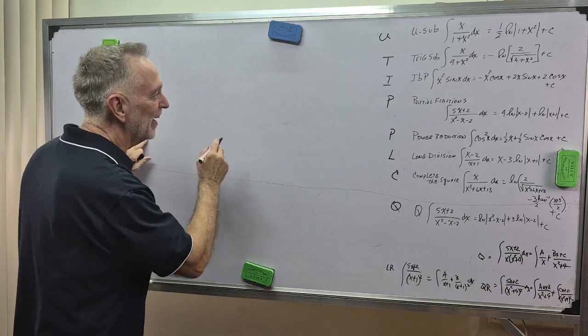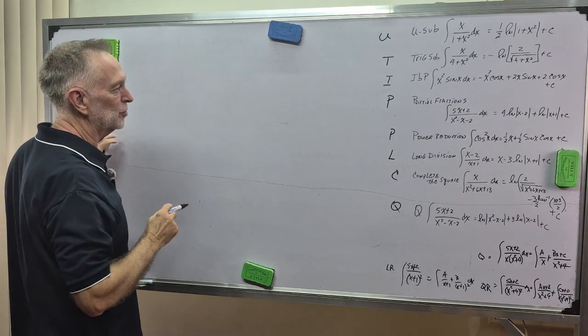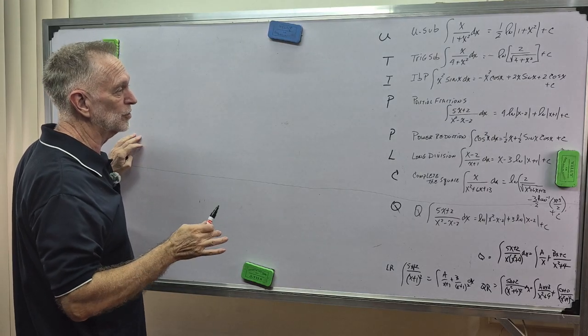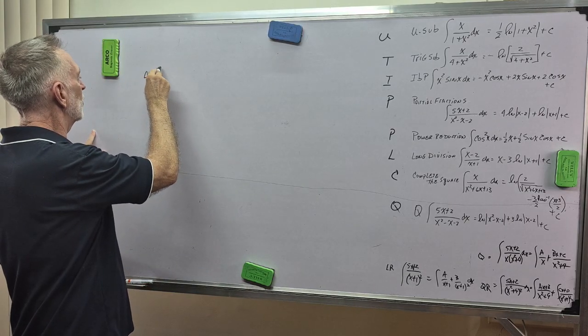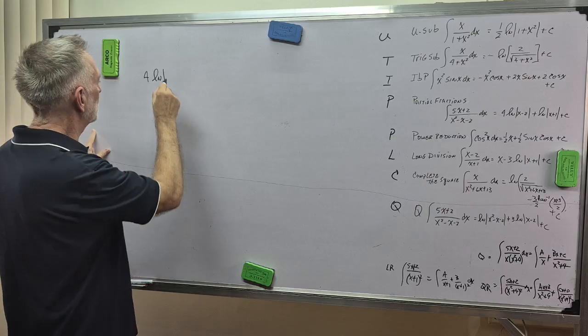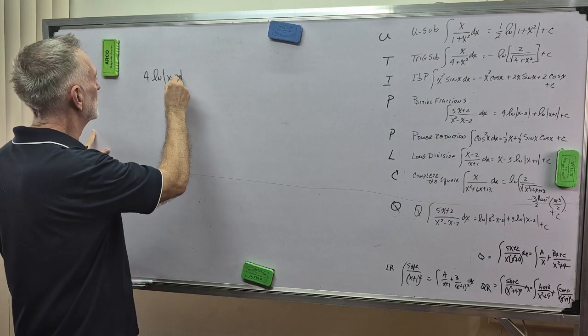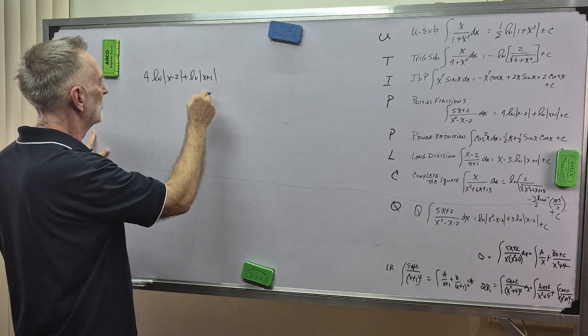So we had in the partial fractions, that integral of 5x plus 2 over x squared minus x minus 2 came out to be 4 natural log of x minus 2 plus natural log of x plus 1.